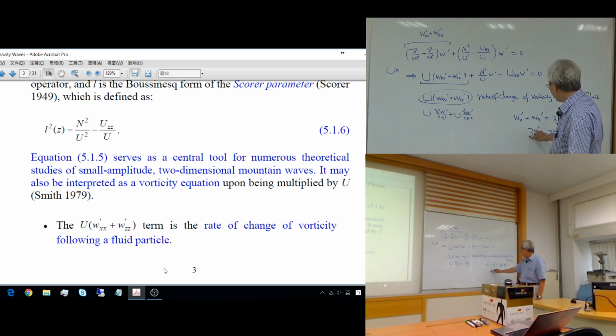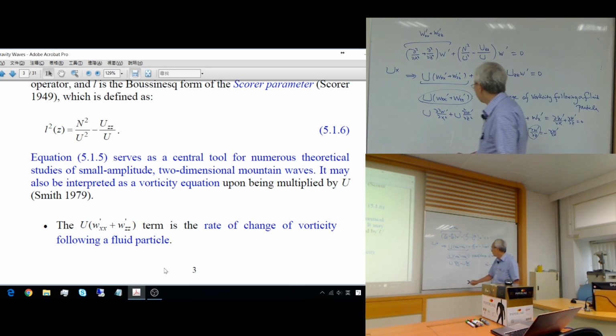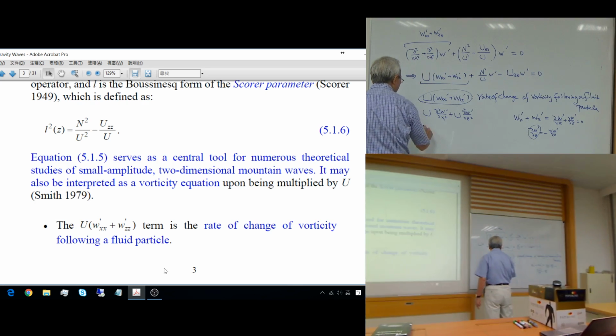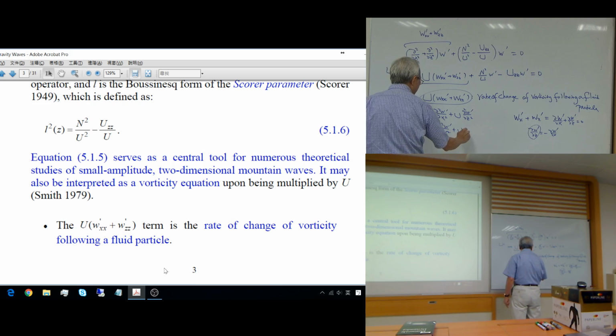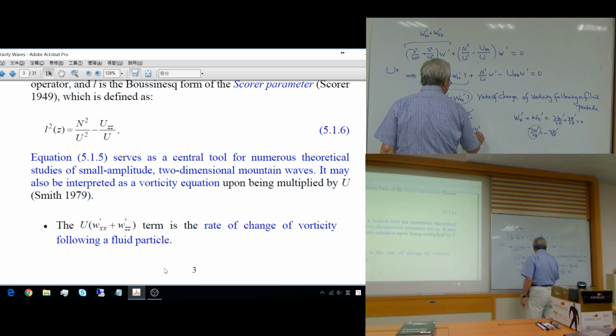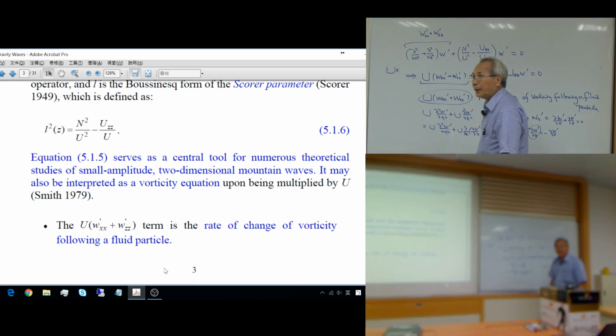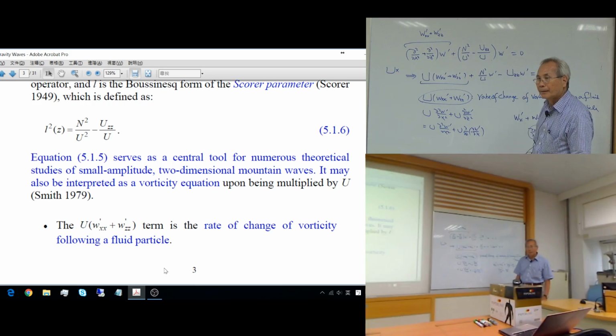We substitute dW prime/dz into here, then this becomes U d squared W prime/dx squared plus U d/dz of negative dW prime/dx. Agree?